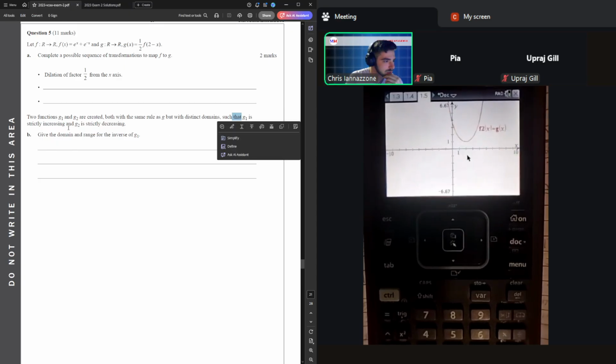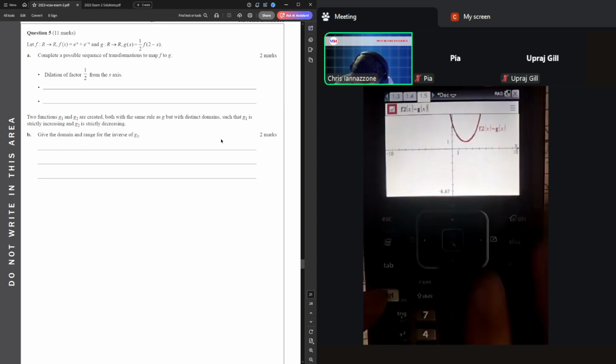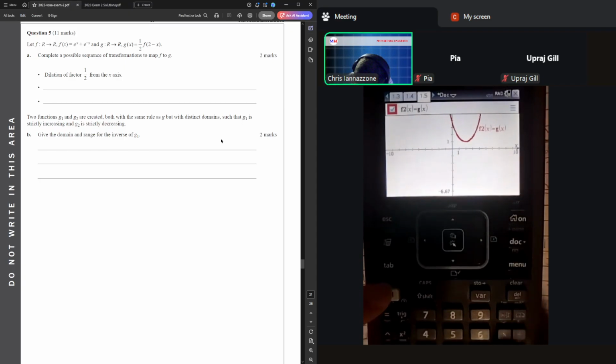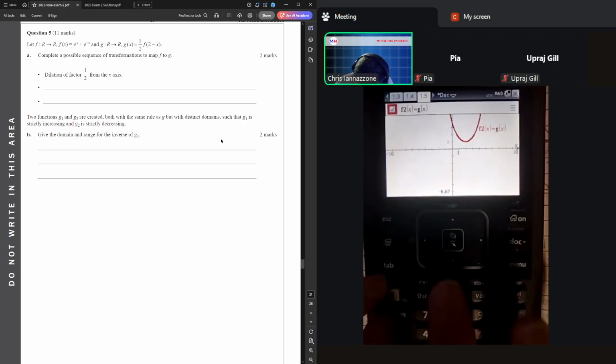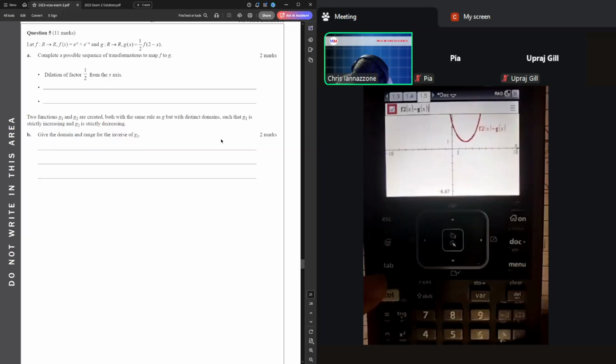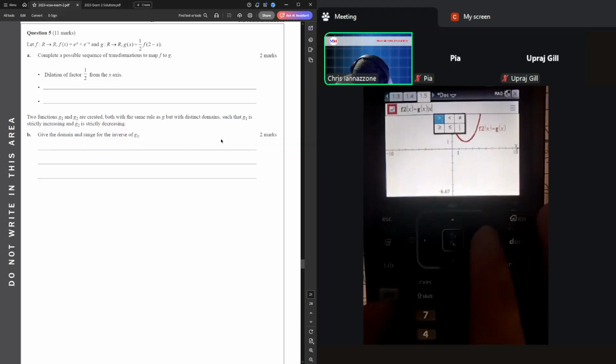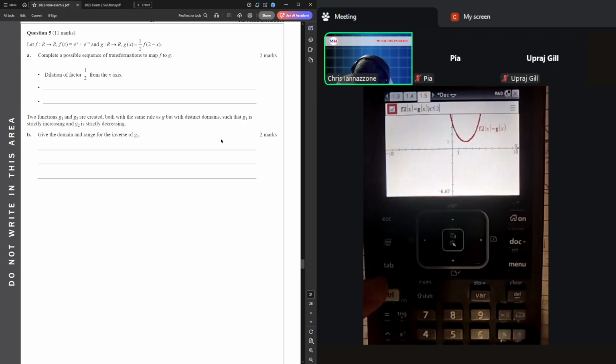That gives us our G1 and G2 split. We really only care about the G1 split, or specifically the domain and range of the inverse of G1. So if I were to fix up this graph a bit, we're only going to be looking at the left-hand portion of it, so all x less than or equal to 2.